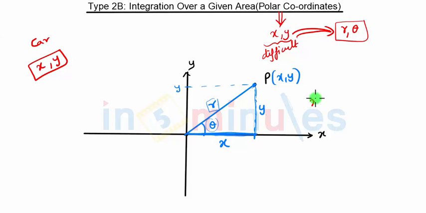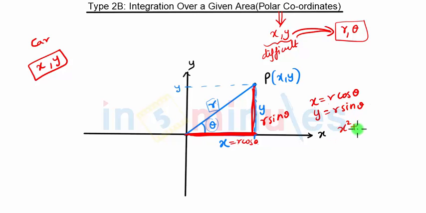We get x equal to r cos theta and y equal to r sin theta. Substituting, we get x square plus y square equal to r square. So this is the basic conversion of Cartesian coordinates into polar coordinates.